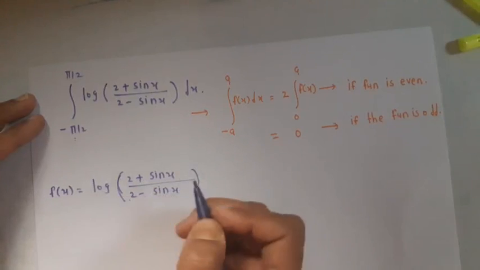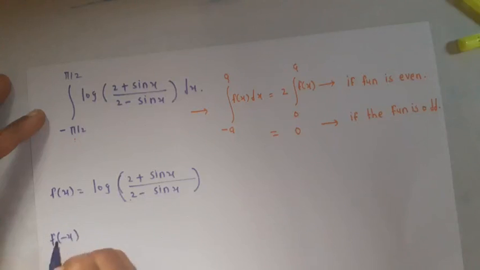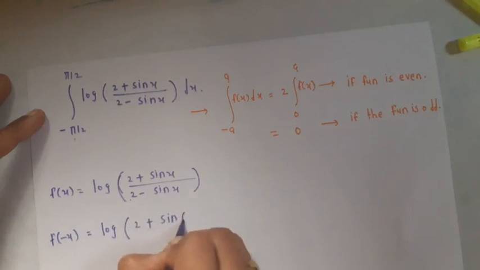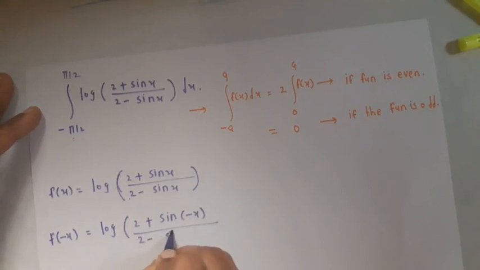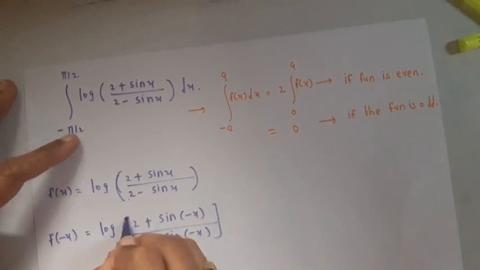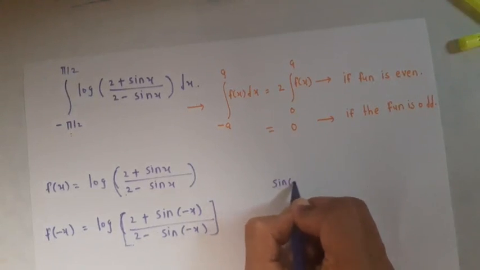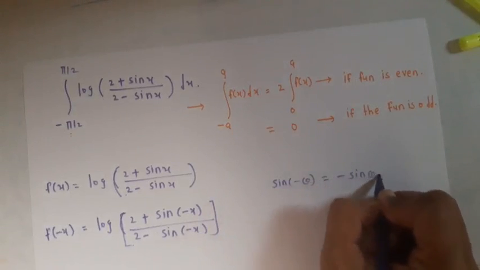This is the function. Now let us find f of minus x. F of minus x is log of 2 plus sin of minus x upon 2 minus sin of minus x. Students, you know the formula: sin of minus theta equals minus sin theta.